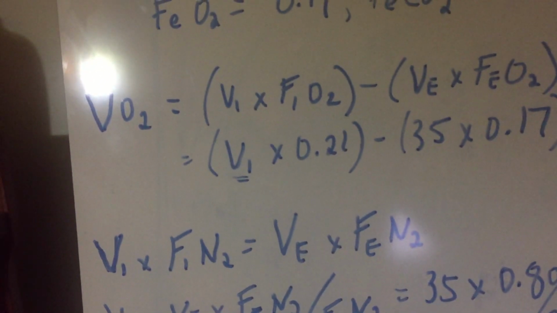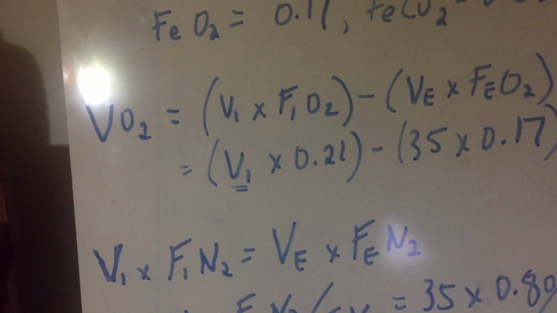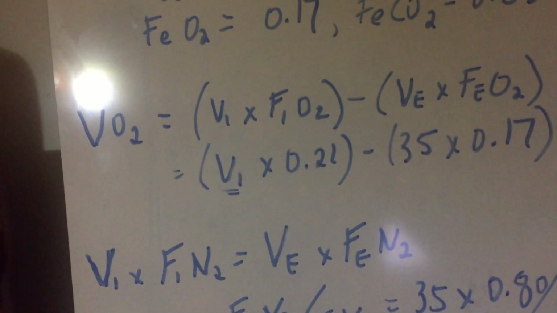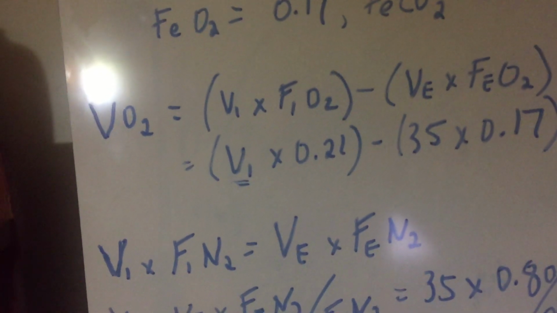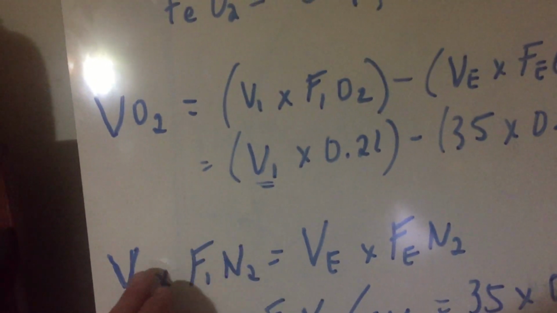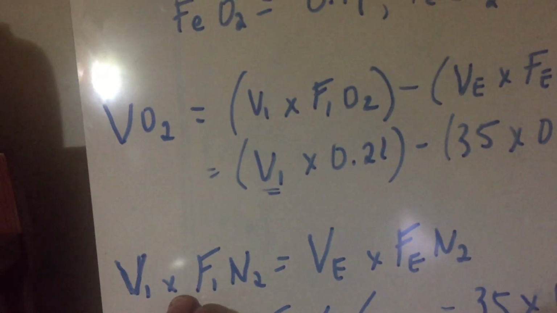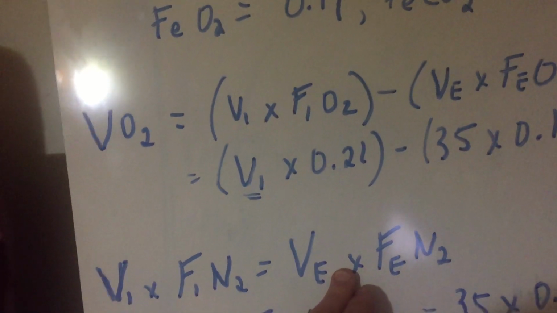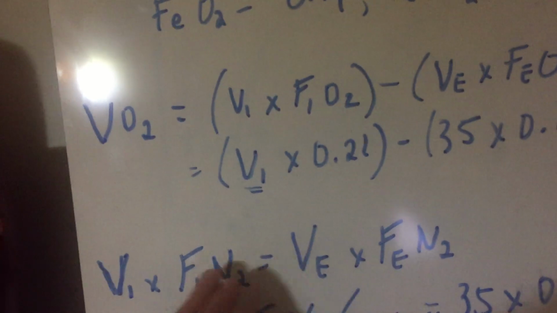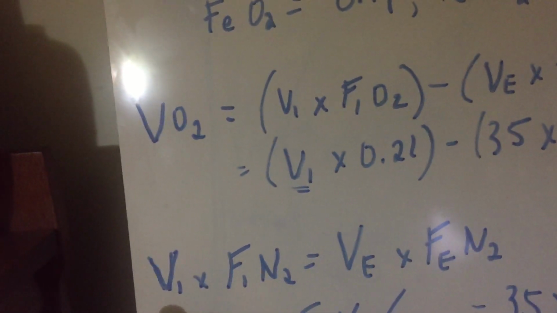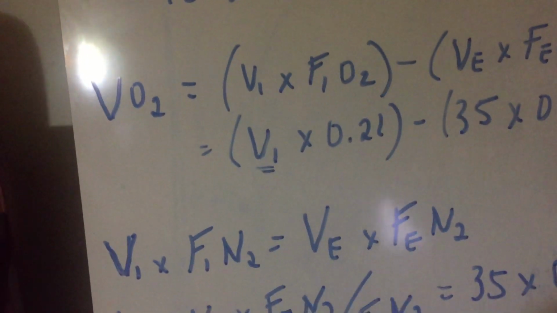So you have to use this equation: ventilation inspired multiplied by fraction of inspired nitrogen equals your ventilation expired multiplied by your fraction of expired nitrogen. In other words, this side of the equation represents the volume of nitrogen that you've inspired, and this side represents the volume of nitrogen that you've expired. From this equation, you can solve for VI and then plug it into this VO2 equation.